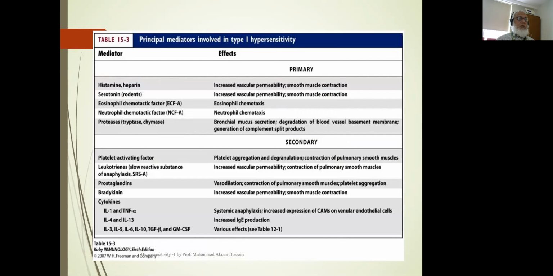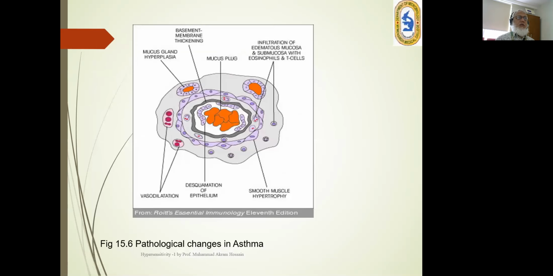Platelet activating factor, leukotrienes, prostaglandin, bradykinin, cytokines, interleukin 1, interleukin 4, interleukin 13, interleukin 3, 5, many cytokines are involved. And you see their responses are from local to systemic, so many manifestations. Mostly, they increase vascular permeability, smooth muscle contraction, eosinophil chemotaxis, as their name suggests, platelet aggregation, degranulation, and all these are responsible for the clinical features of type 1 hypersensitivity mediated disease.